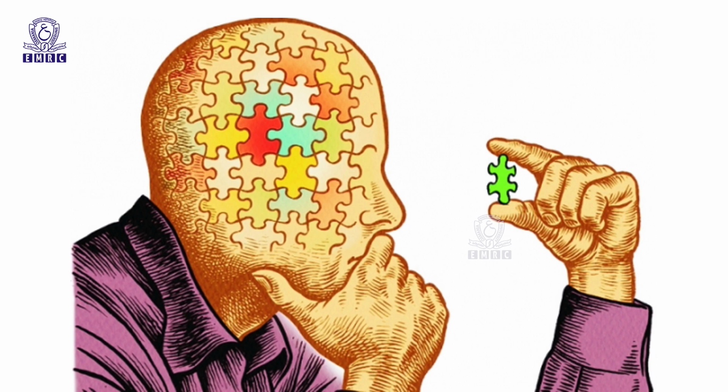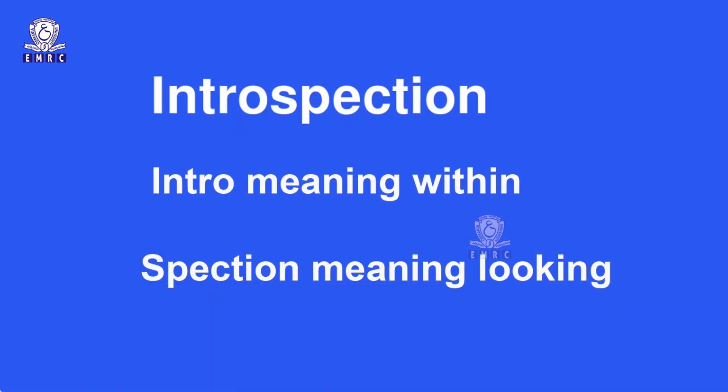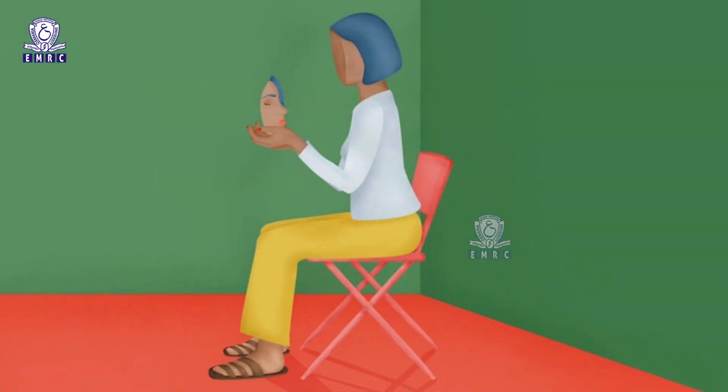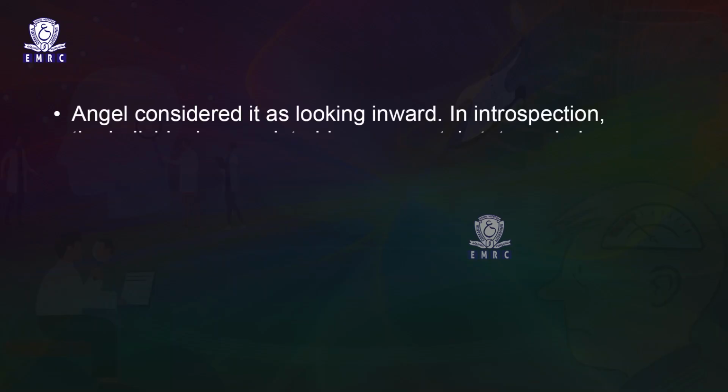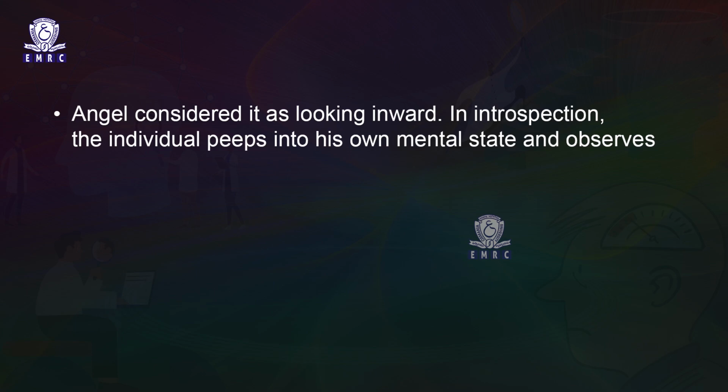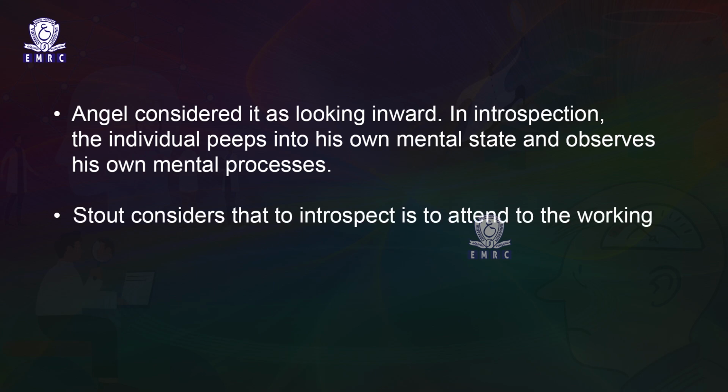Introspection is a method of self-observation. The word introspection is made up of two Latin words, intro meaning within and spection meaning looking. Hence, it is a method wherein the individual is looking within the self. Angell considered it as looking inward. In introspection, the individual peeps into his own mental state and observes his own mental processes.